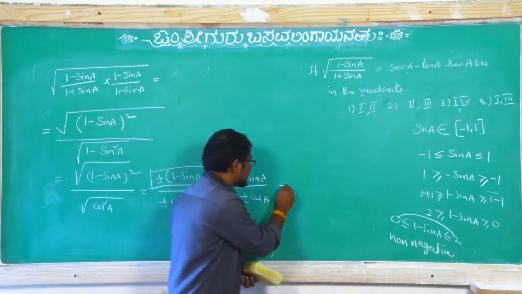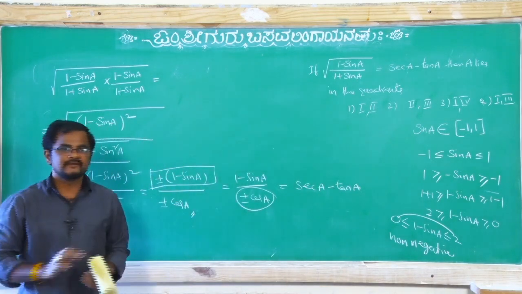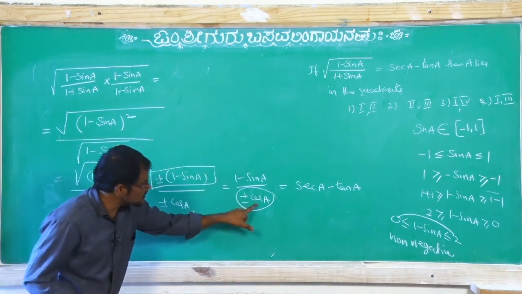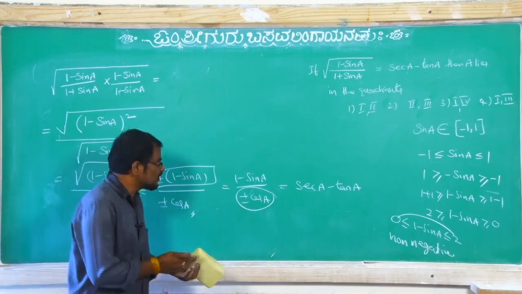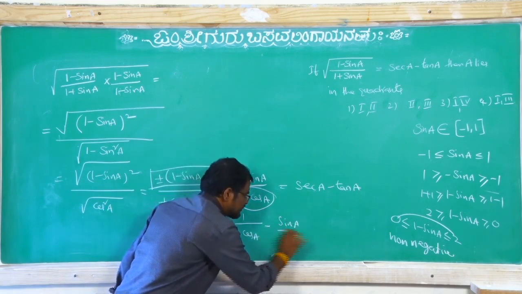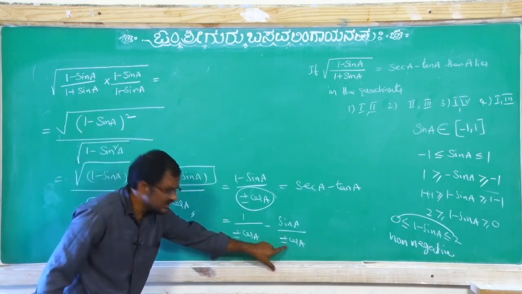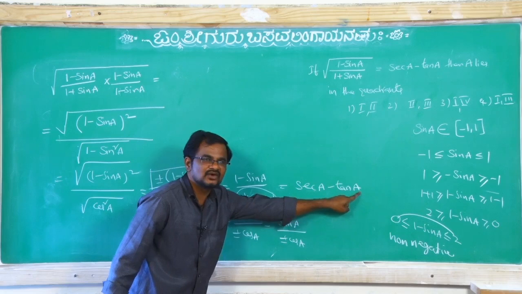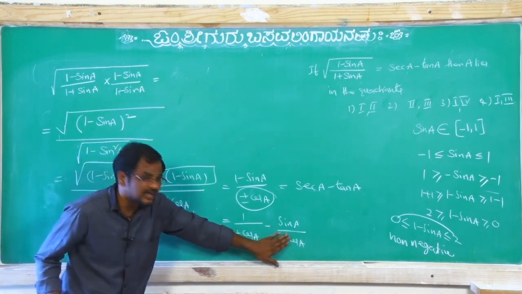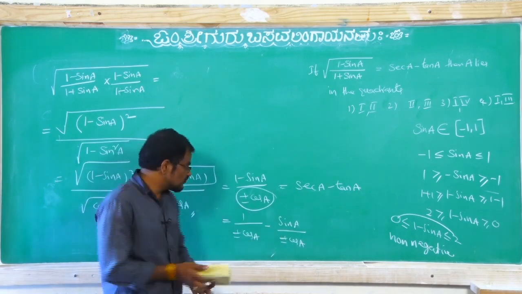To get secant A minus tan A, should this be negative or positive? 1 by plus or minus cos A minus sin A by plus or minus cos A. 1 by cos is secant, sin by cos is tan. Secant and tan are there, no? So to get secant and tan, this plus or minus should be plus only. Then only you will get this one.